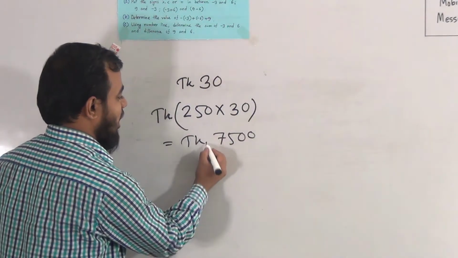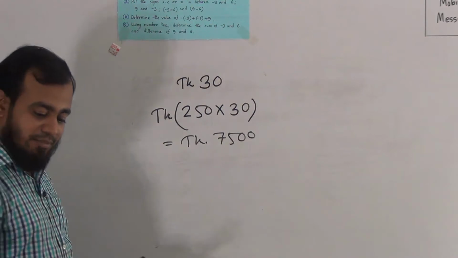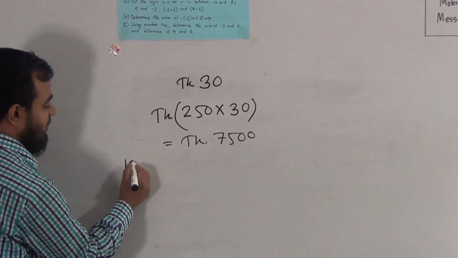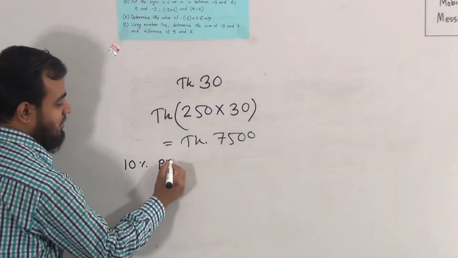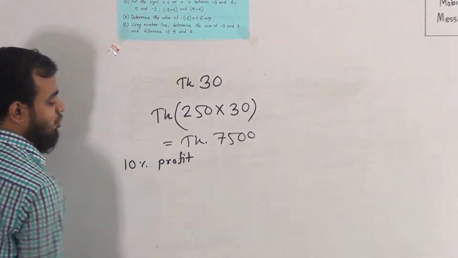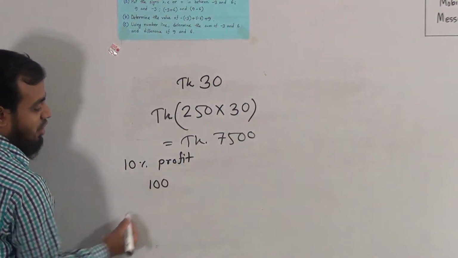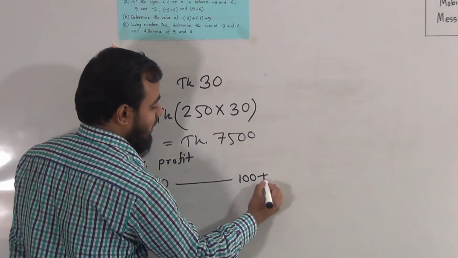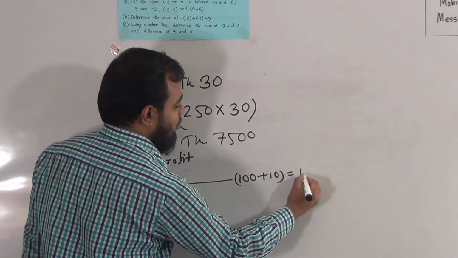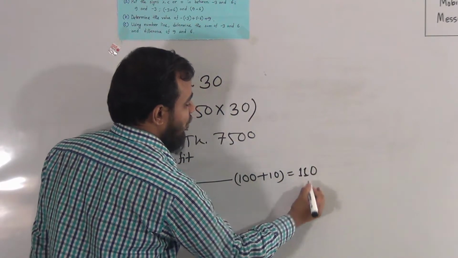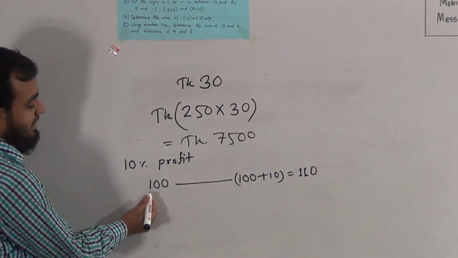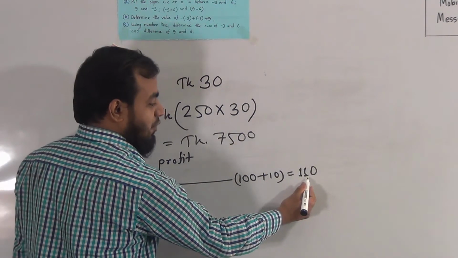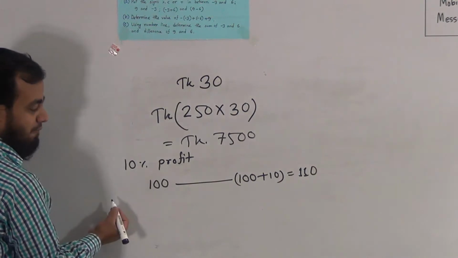Okay. Now we have to make 10% profit. 10% profit means what? It means when our cost price is 100, our selling price will be 100 plus 10, that's equal to 110. When our cost price is 100, our selling price must be 110 if we need to make 10% profit. Okay?